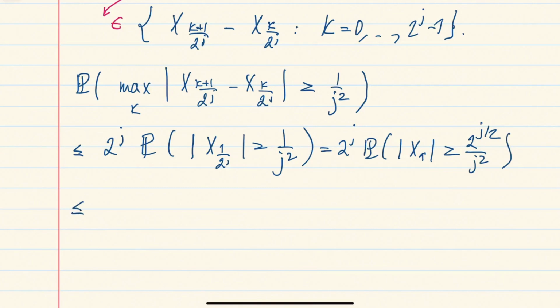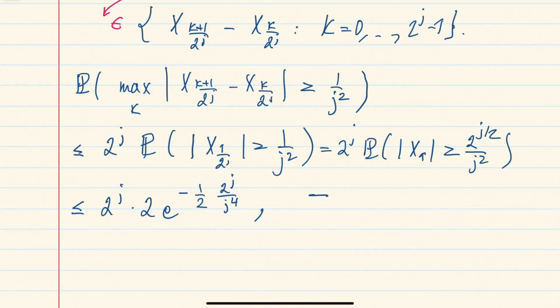And then we apply the lemma above to bound this Gaussian tail by, because we have an absolute value, twice e to the minus one half times this constant squared. So this will be 2^j divided by j to the 4th. But we can see clearly that this decreases very fast. Everything is dominated by this 2^j in the exponent.